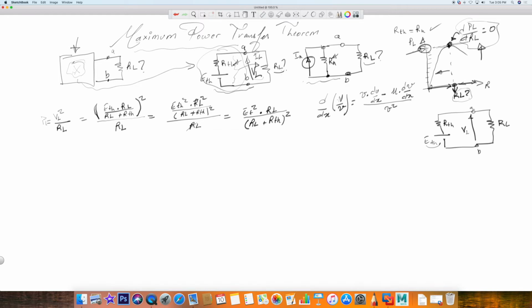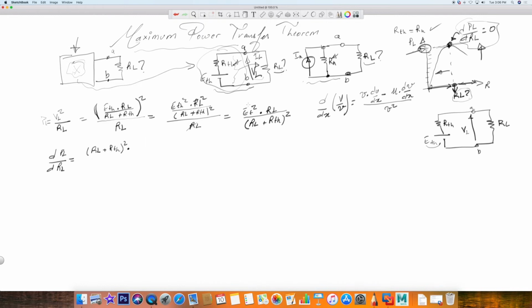Now, in our case, all of this will be 0. Let's look at the denominator. That's RL plus RTH squared. So again, we want the derivative of PL over the derivative of RL to be equal to 0 eventually. For the numerator, we have the denominator, RL plus RTH squared, times the derivative of the numerator.